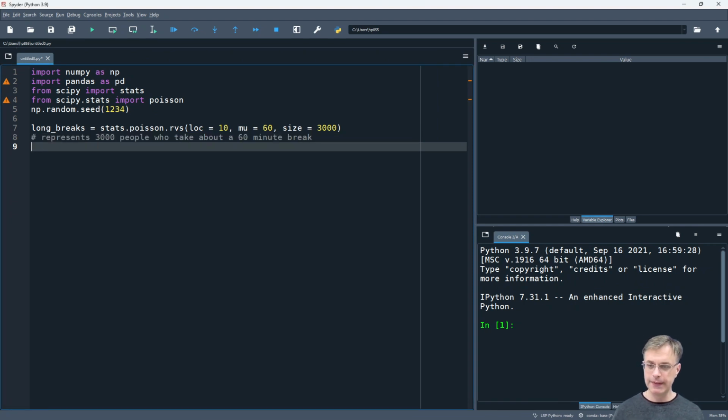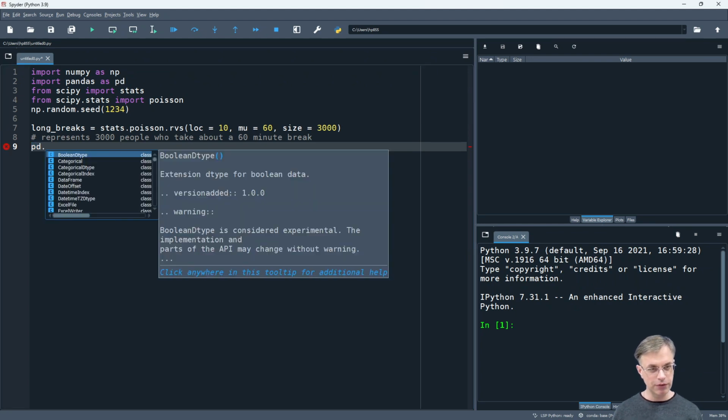Now, the long breaks variable represents 3000 answers to the question, how many minutes on average do you take breaks for? And these answers will be on the longer side. So let's look at the visualization of the distribution as follows.